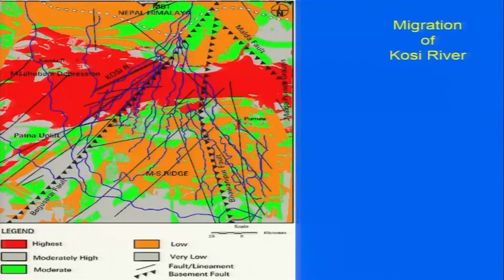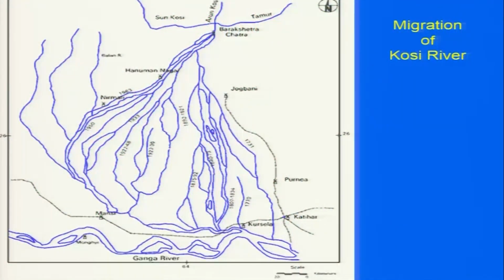Some people believe that this fan shape of the Kosi is because of the two faults in the region, which has played an important role in shaping up of the fan-like landform.